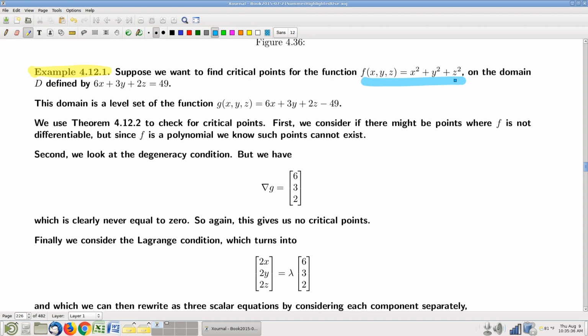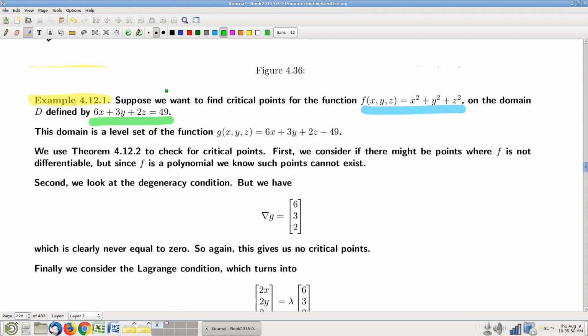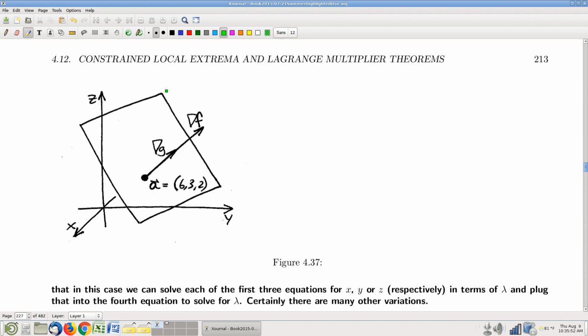The question says what we want to understand is critical points, so candidate biggest values, candidate smallest values, for this function on the domain that's defined by that equation. So on a constraint set, do I have a picture of this? Yeah, here we go. I've got this constraint set.